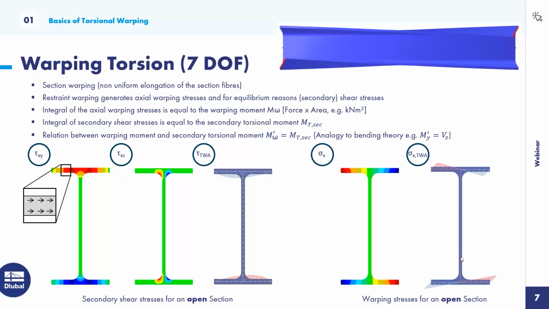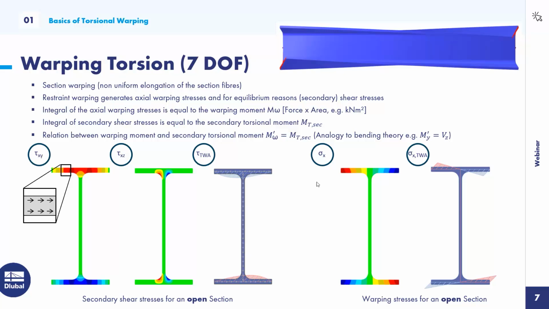Similar to the stresses, there is a clear relationship between those two internal forces. The warping moment is equal to the integral of the secondary torsional moment along the beam, which is again in analogy to the bending theory.